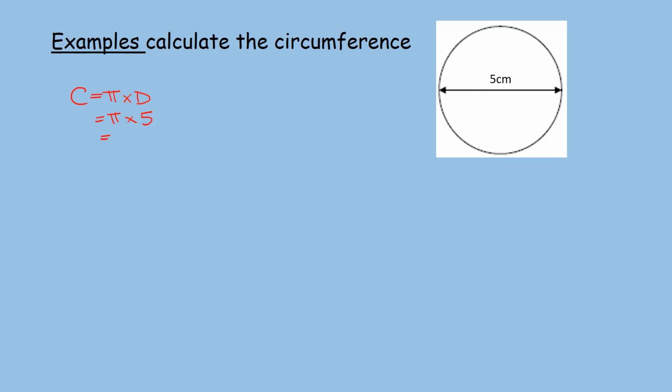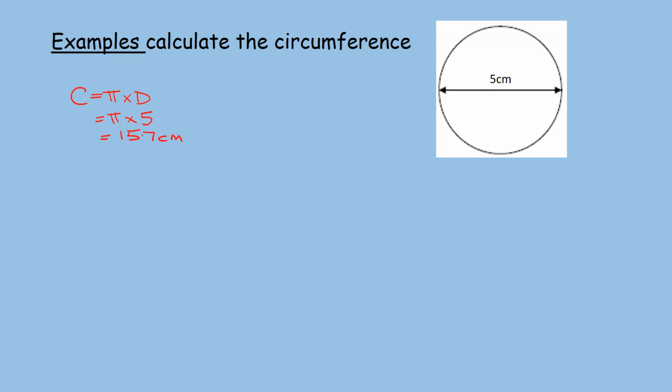So let's put that into our calculator. So we're going to say shift to get pi, and then I'm going to multiply that by 5. I've got an answer of 5 pi, so I'm going to press my SD button, and my answer to one decimal place is 15.7 centimeters.